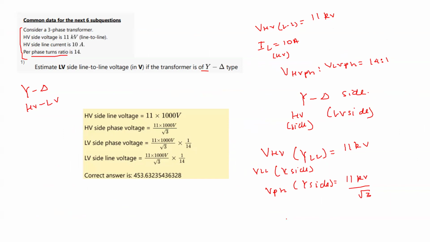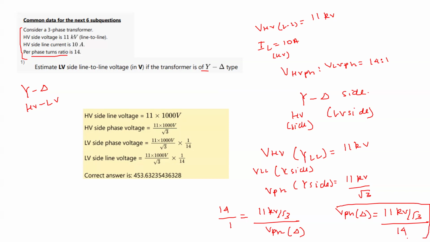So 14 to 1 is 11 kV by root 3 by V phase delta. We can calculate V phase on the delta side. This will be 11 kV by root 3 by 14.